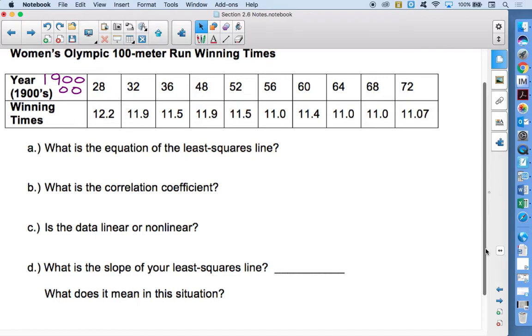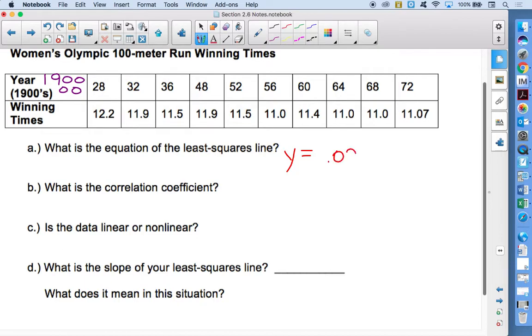Alright, so I think most of you have everything plugged in. Morgan, what equation did you get? Oh, I'm sorry, that's right. We needed to enter that as checking it. Sorry for picking on you. Damon, what do you have for A?